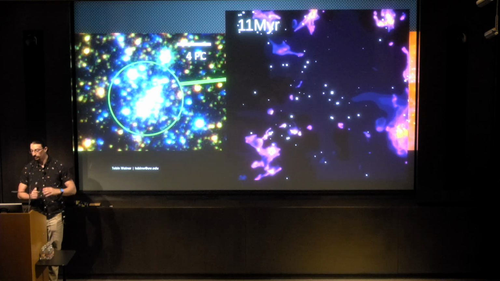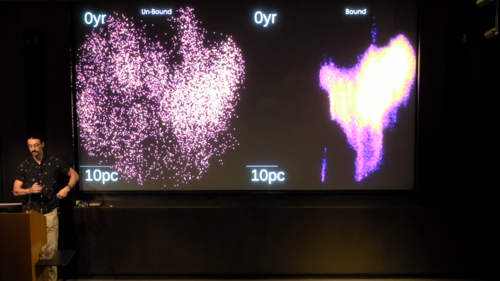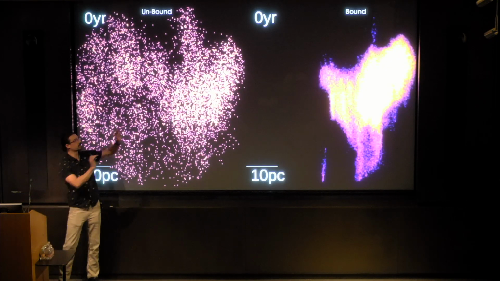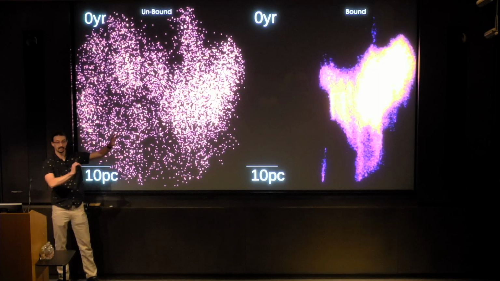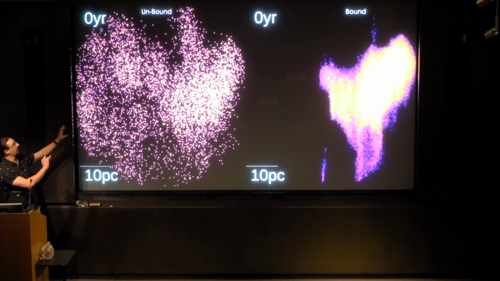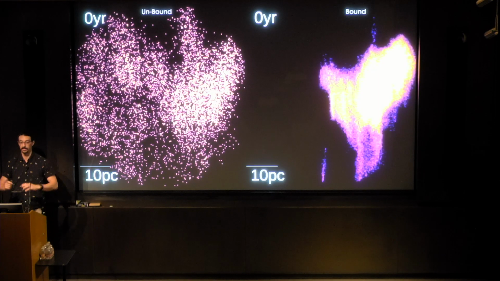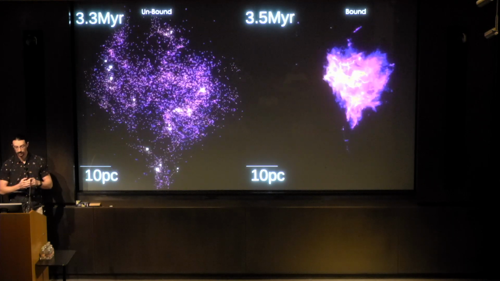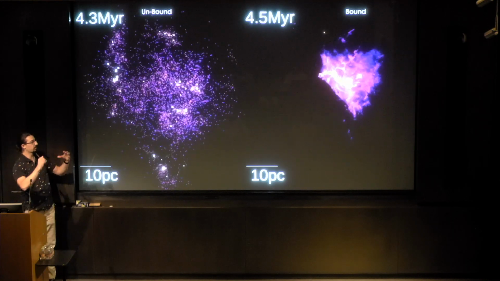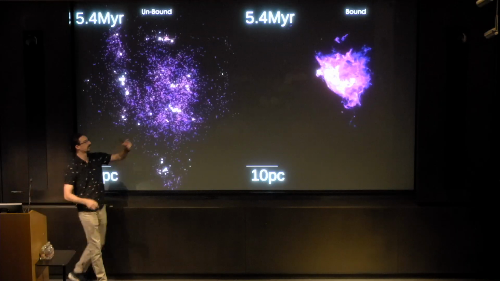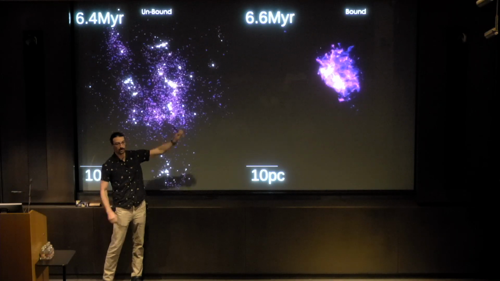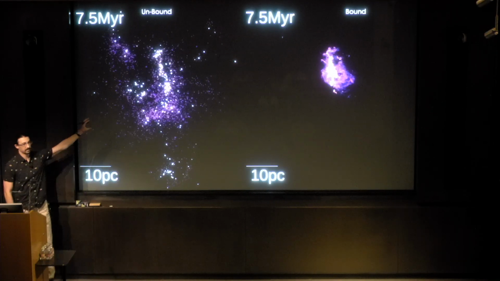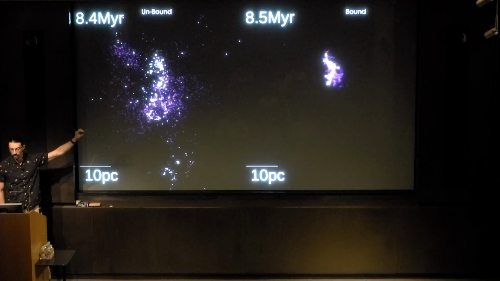And so we're doing some preliminary work on the gas that goes into forming something that will remain gravitationally bound, and then all the gas that ends up in the stars that are not. I'm going to play this movie side by side, and we can begin to see the different substructures between the gas that goes into something that forms a gravitationally bound cluster and the things that will disperse away.